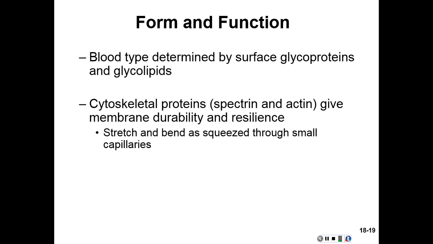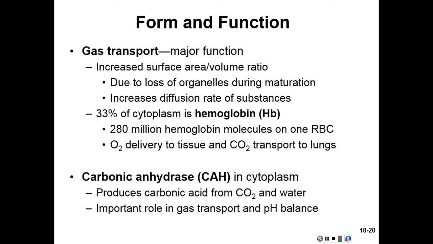Formation: again, blood types are determined by the glycoproteins and glycolipids on their surface. They have spectrin and actin that give them mobility and resilience to go from large blood vessels to very tiny ones, the capillaries at the tissue exchange level. Gas transport: hemoglobin has 4 binding units, 2 alpha and 2 beta, so they can pick up O2 and carry CO2.